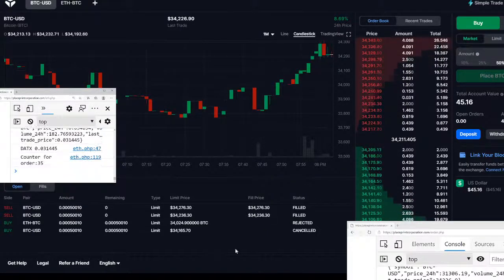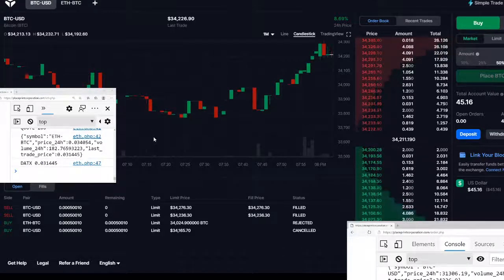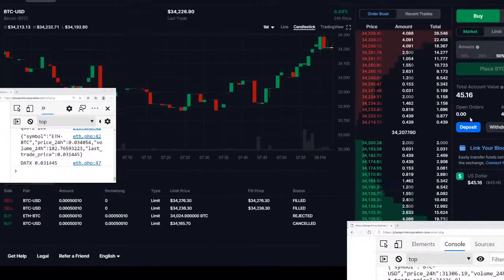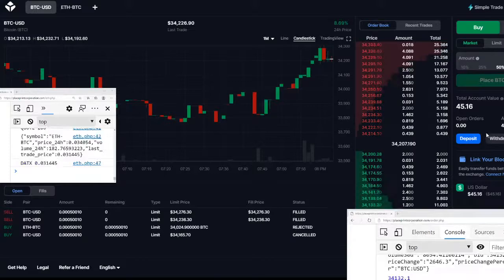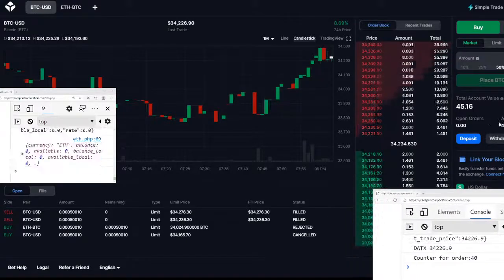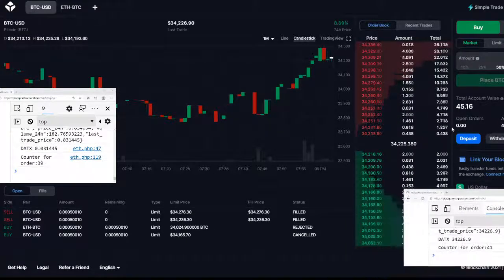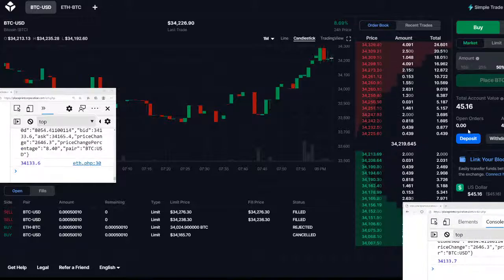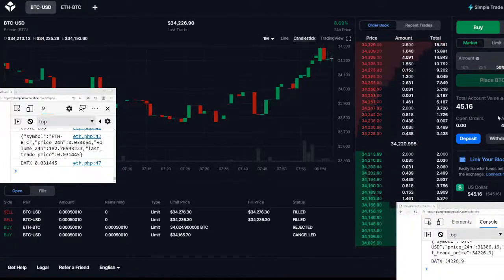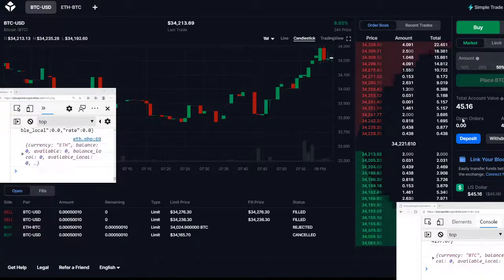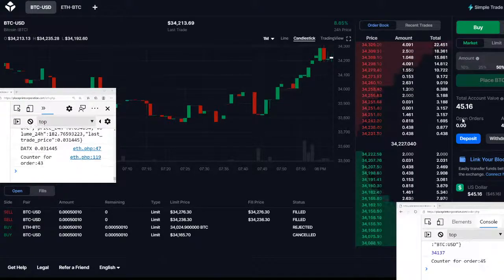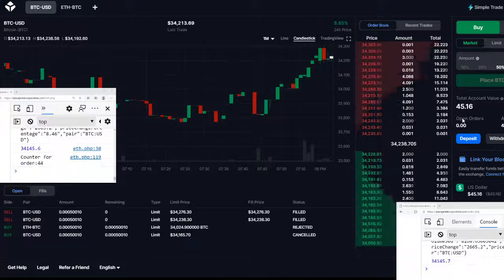So we've got the ETH and the BTC. Okay. So we've got the BTC here. Man, I wish I could get this in a better visibility. Better visibility. That's what I want.